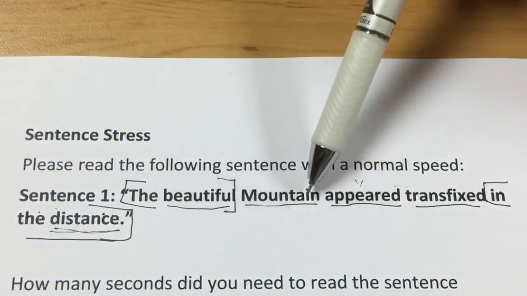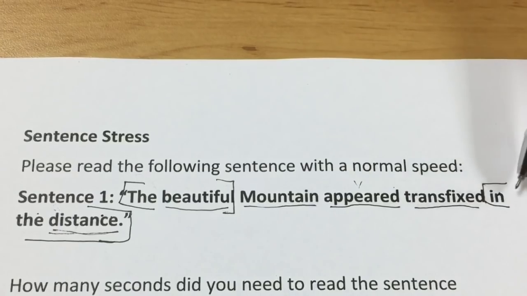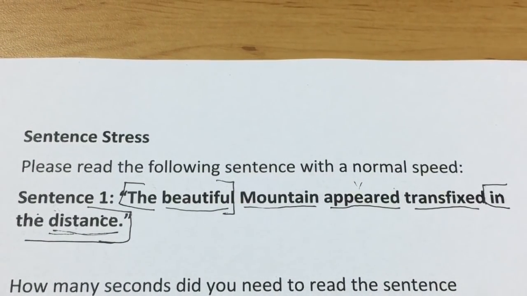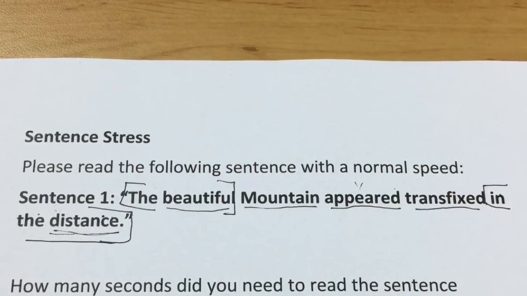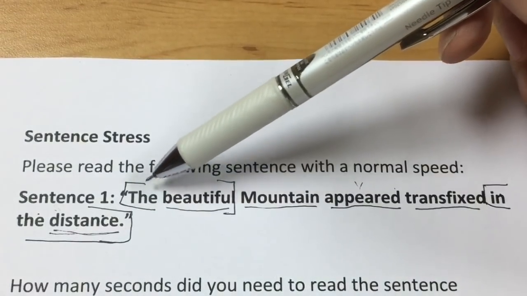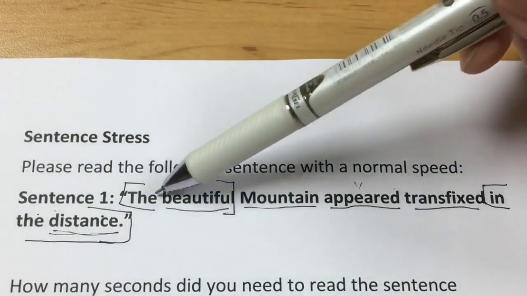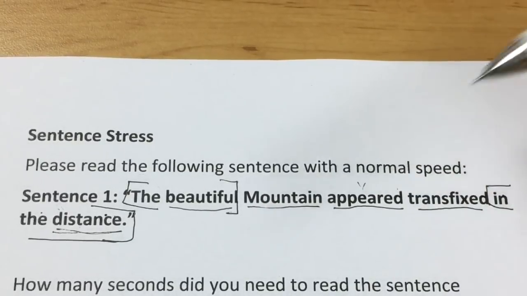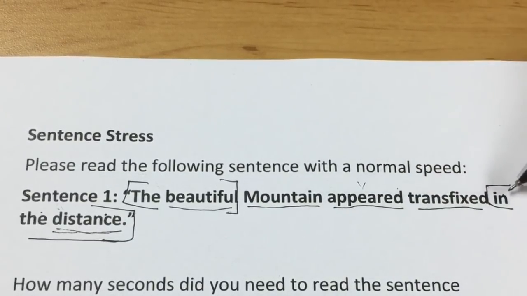It will take you about 5 seconds to read it. You can try by yourself. You combine a word that you don't stress to the next one. The beautiful mountain appeared transfixed in the distance.